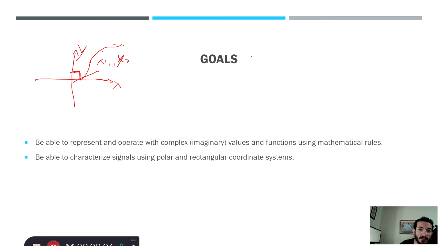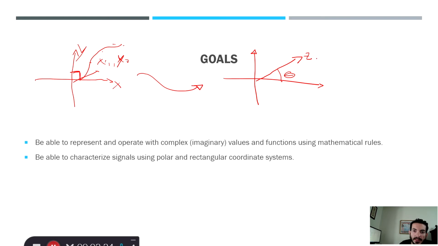But there's another way of characterizing values, which is with polar coordinates. Polar coordinates are similar, but we use an angle and a magnitude. We can transform our rectangular coordinate system to our polar coordinate system.